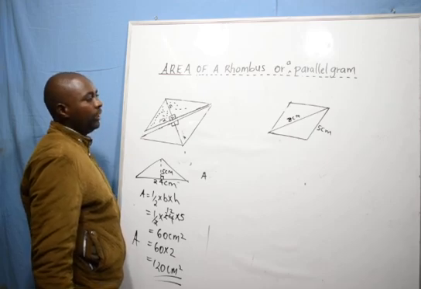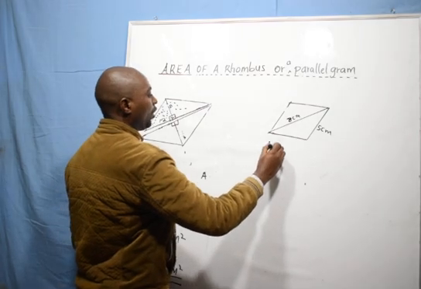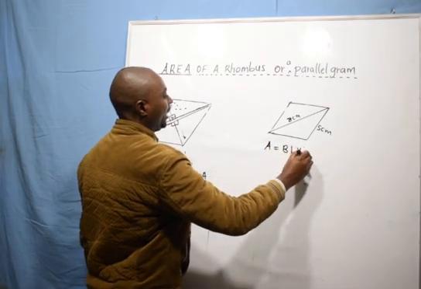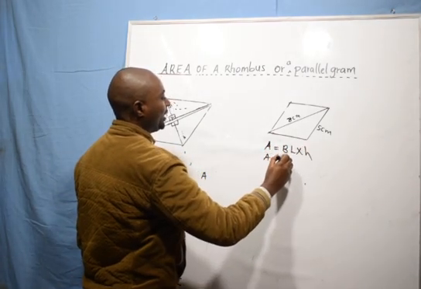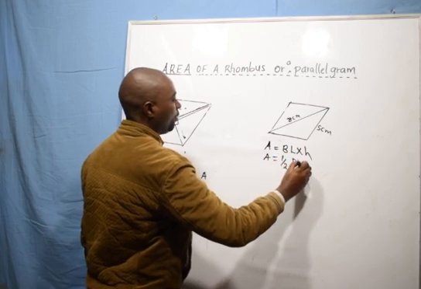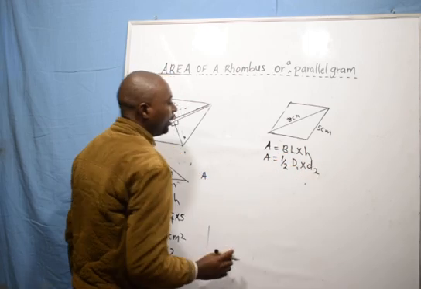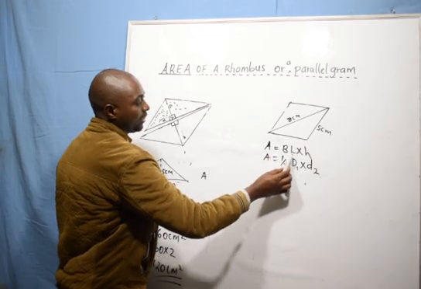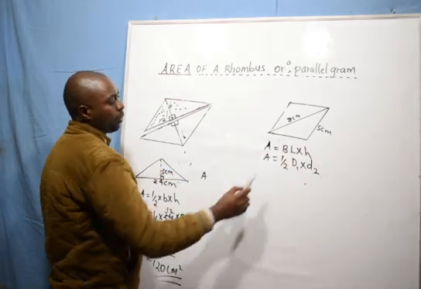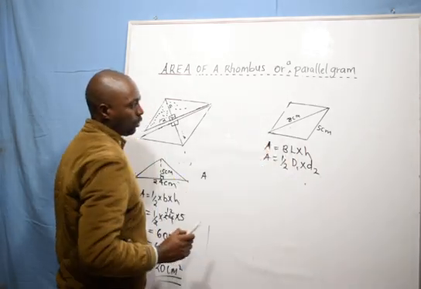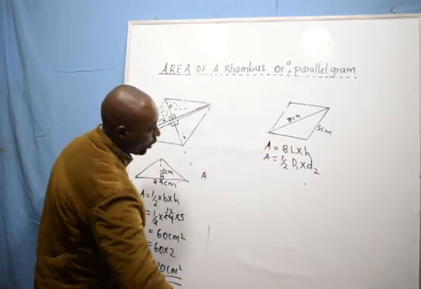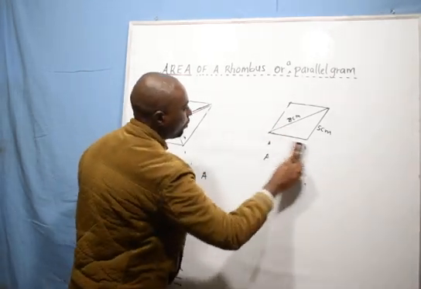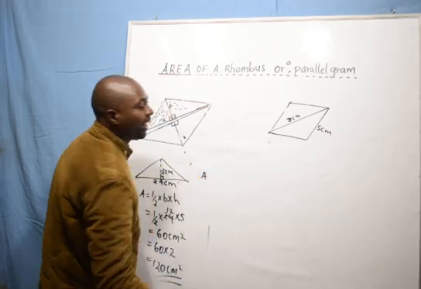Remember, you need to know that the area of a rhombus is either base length times the height, or a half diagonal 1 multiplied by diagonal 2. Now, if I try either of these, the closest is this one because I have one diagonal, but I need the other diagonal. So I need to use the second formula. But how do I get the other diagonal?